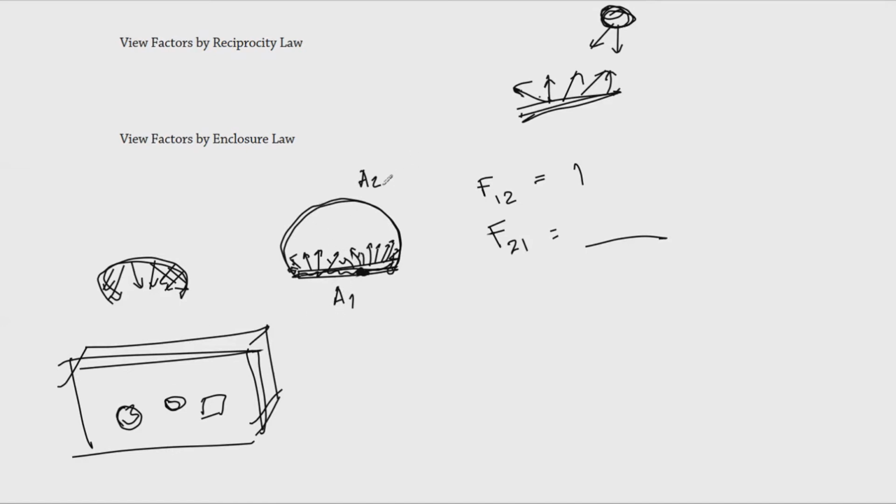When you have an enclosure with 2 surfaces, the number of view factors would be equal to the number of surfaces squared. So in this case, the number of view factors would be equal to 4. That's why we have F12, F21, and then F11 and F22. So that's all the 4 view factors that we can get.